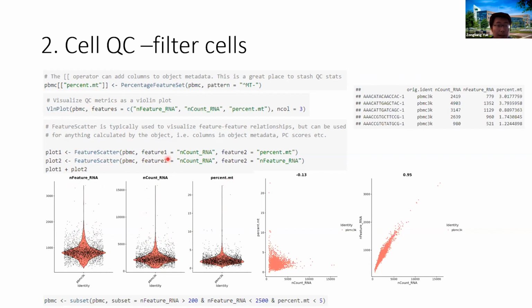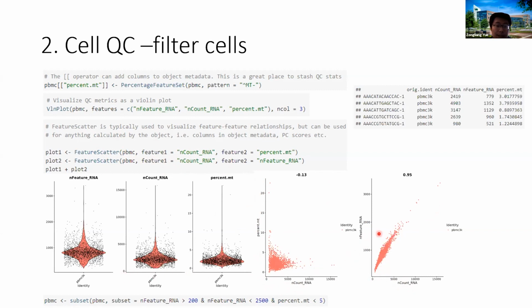Afterwards, you can apply some filters according to the plot. You can also view the feature scatter plot by doing this two-dimensionally. For example, you can use nCount versus percent mitochondria to see the overall correlation, and also nFeature versus nCount, which is always a positive correlation here.